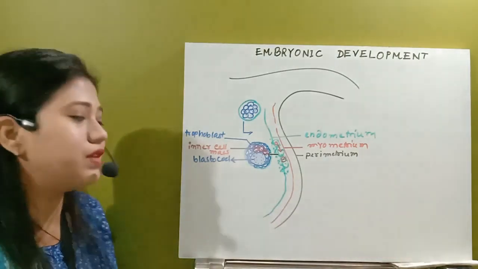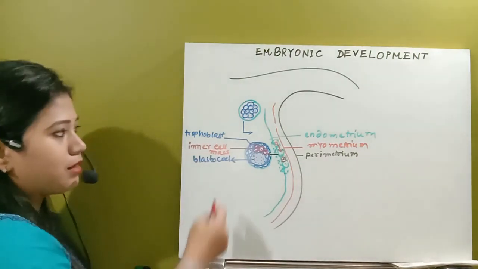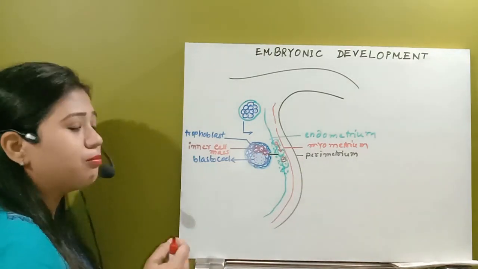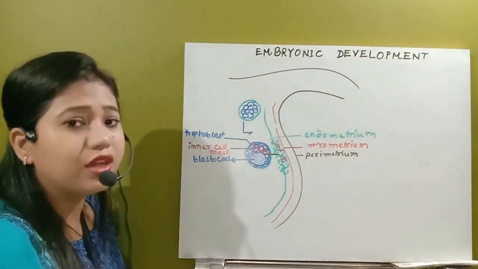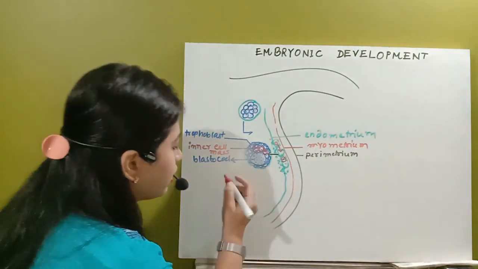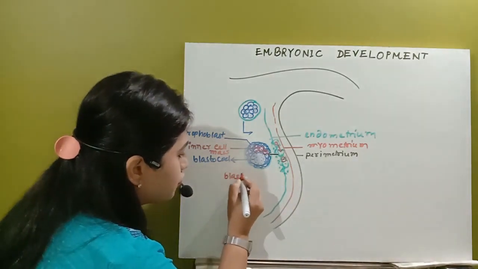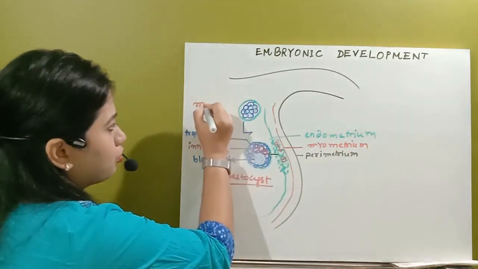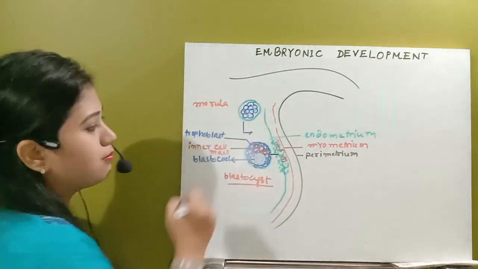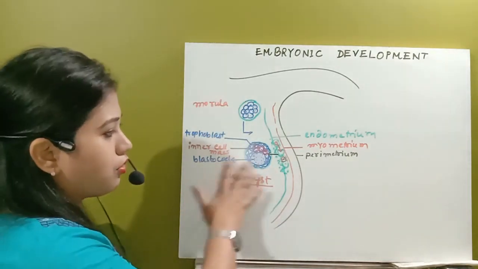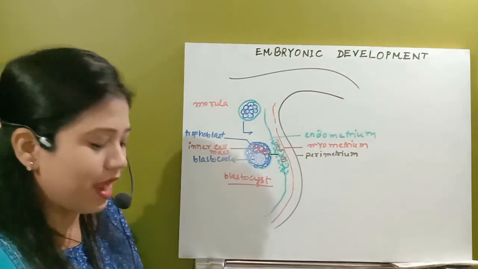Whenever we see this, meaning the outer trophoblast, the inner cell mass and the cavity filled with the liquid released by the endometrium, that is known as the blastocyst. This is the morula and this is the blastocyst. The blastocyst starts to be engulfed by the endometrium.